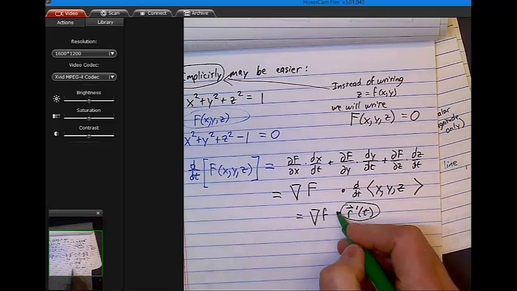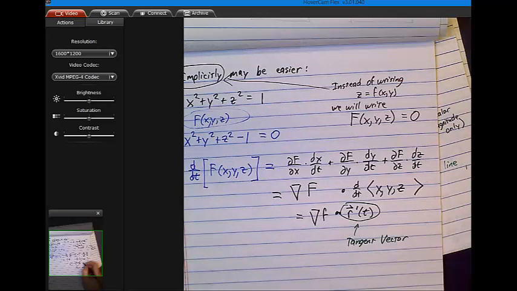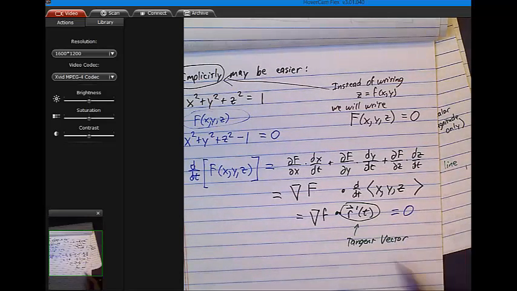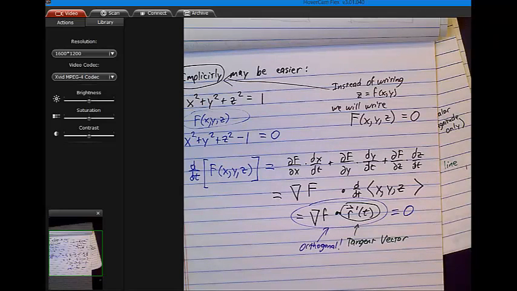And here we are dotting the tangent vector with the gradient vector, right? Well, if you dot them, and if you force them to equal 0, then these will be orthogonal. That's kind of the idea.